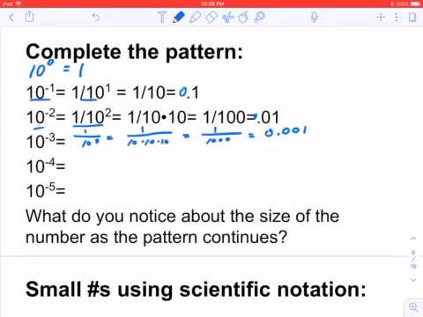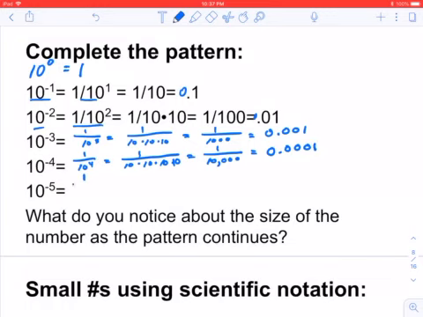So again, each time we have one more zero between the 1 and the decimal place. Same thing here. 10 to the negative 4 is 1 over 10 to the fourth power, which is equal to 1 over 10 times 10 times 10 times 10, which is equal to 1 over 10,000. So to write 1/10,000th, we'd need 3 zeros after the decimal, and then a 1.